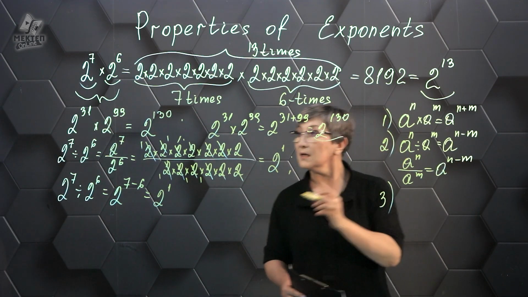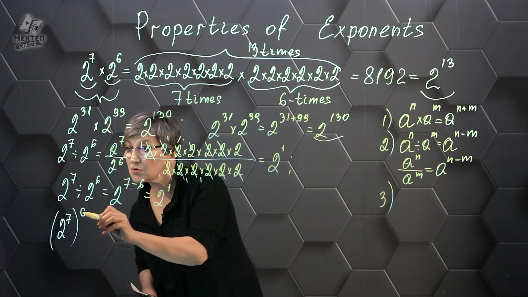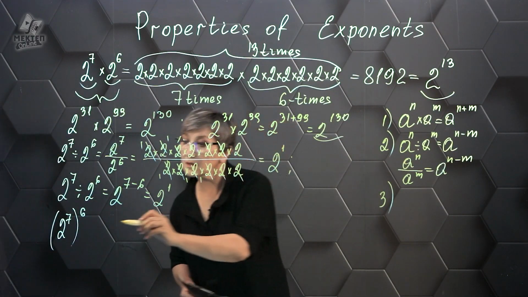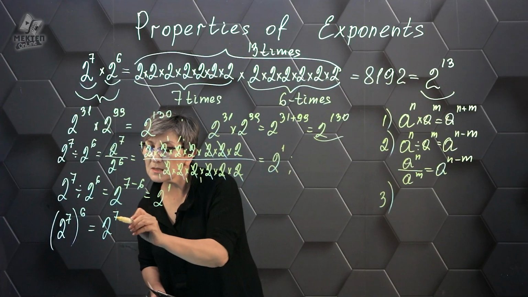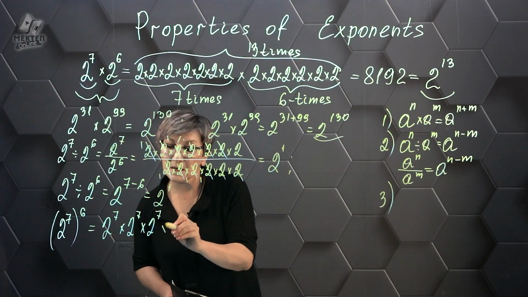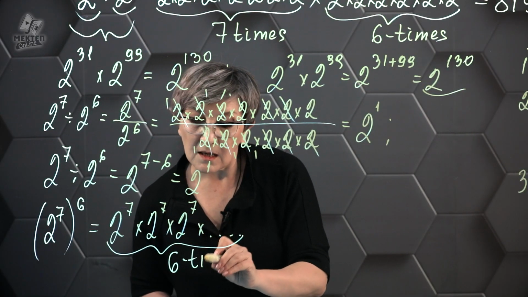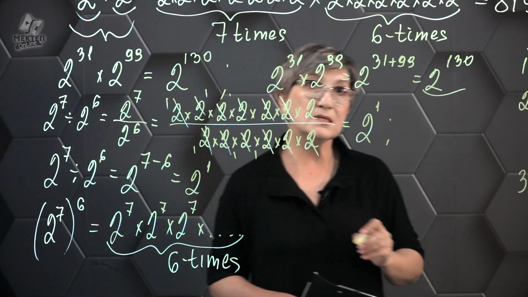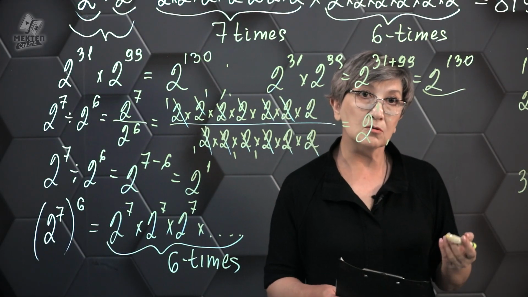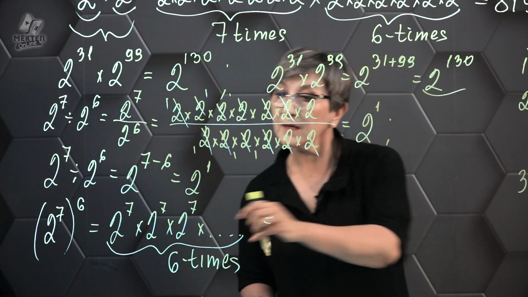Next property. If I need to raise 2 to the power of 7 to the 6th power, what must I do? I must multiply 2 to the power of 7 by 2 to the power of 7, by 2 to the power of 7, and so on 6 times. And then find that value, but I'm applying a different property.